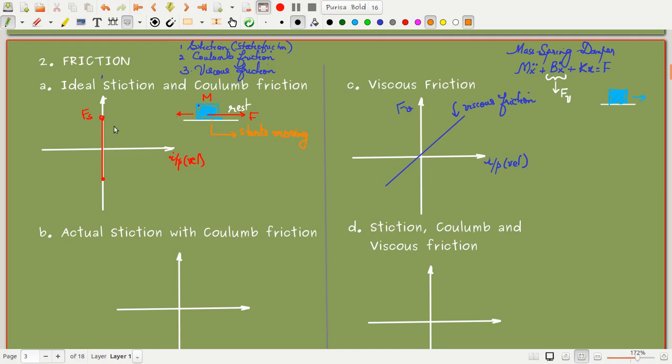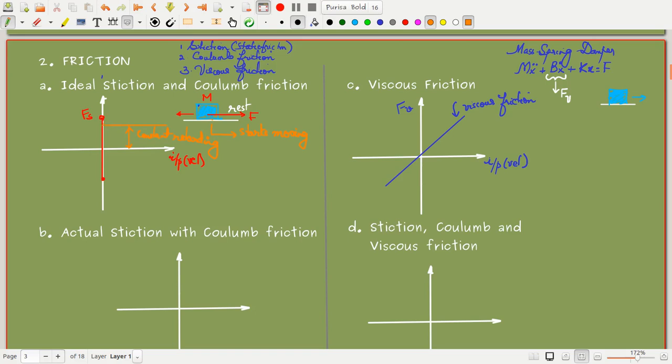That friction is called Coulomb friction. It is a constant retarding force which is acting on the system.